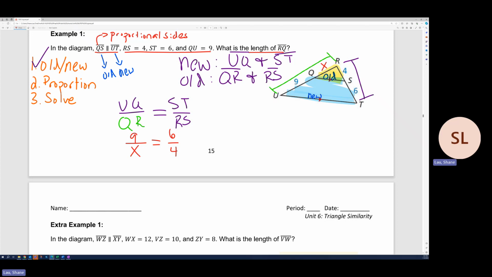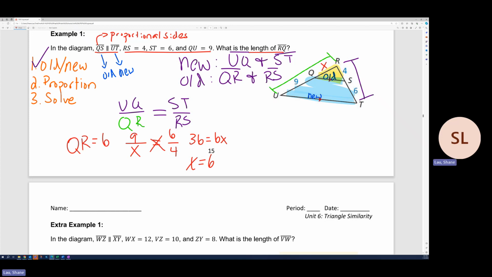We'll cross multiply as appropriate. We get 36 equals 6x, divided by 6 on both sides. We get x equals 6. And because we said x was equal to QR, by transitive property, we can conclude that QR equals 6.